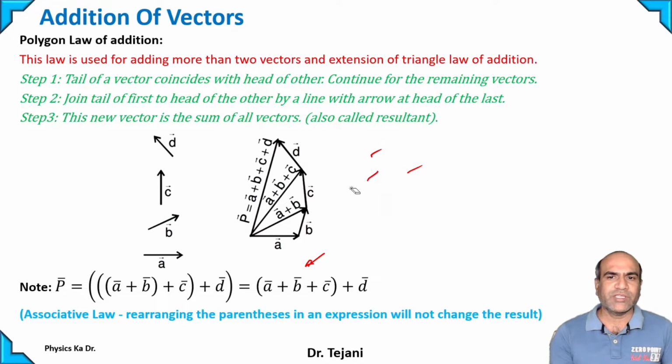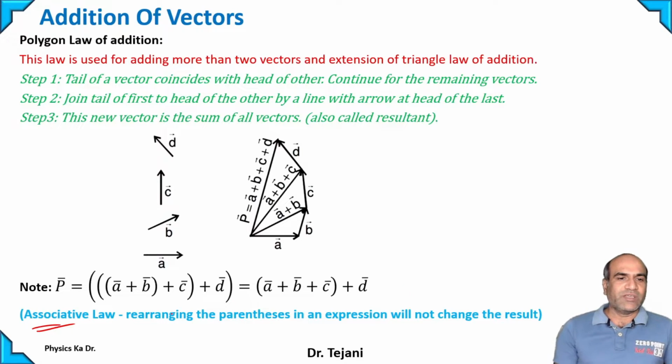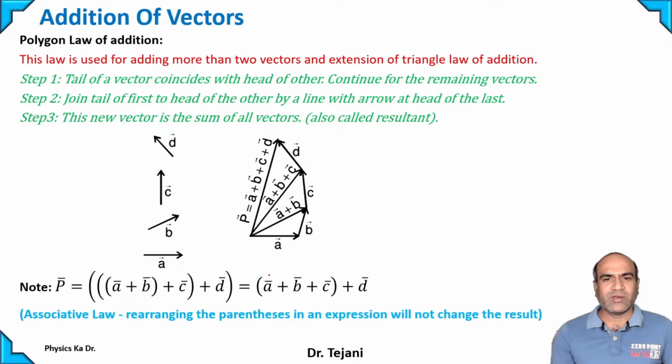There isn't any change in the answer. Associative law says that rearranging the parentheses in an expression will not change the result. You can write B plus A plus B plus C, and it remains similar.